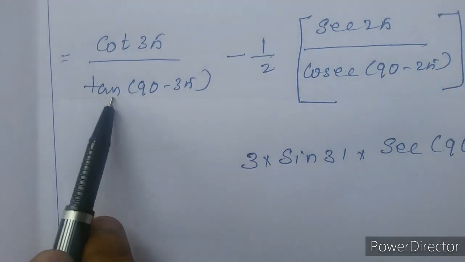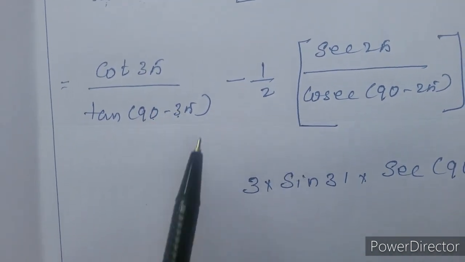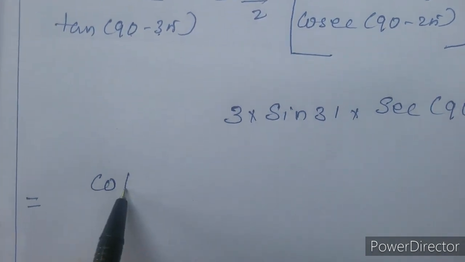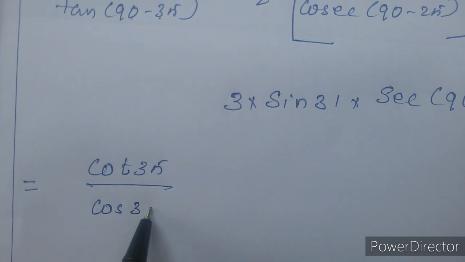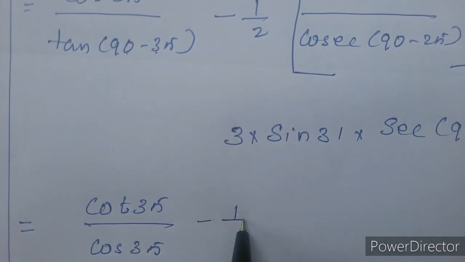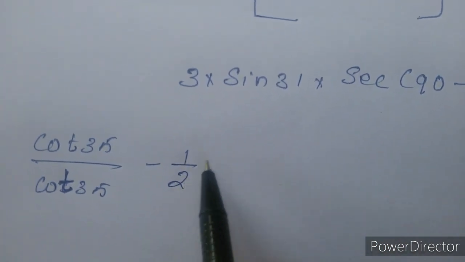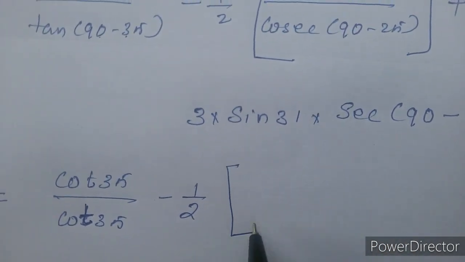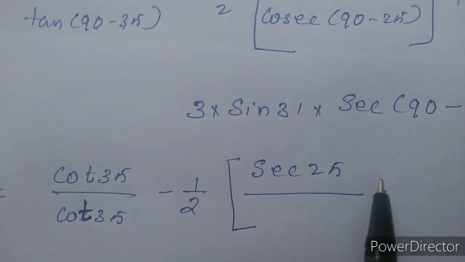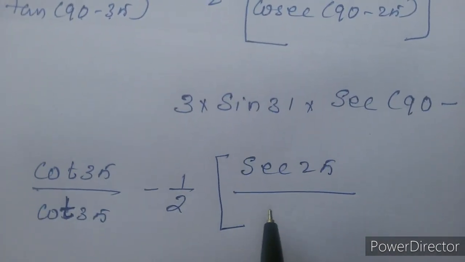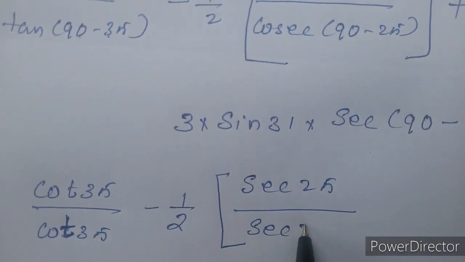So tan 90 minus 35 means cot 35, because we know tan 90 minus theta equal to cot theta. So here we get cot 35 by cot 35. Minus 1 by 2 into sec 25 by cosec 90 minus 25, and cosec 90 minus theta equal to sec theta, therefore sec 25.